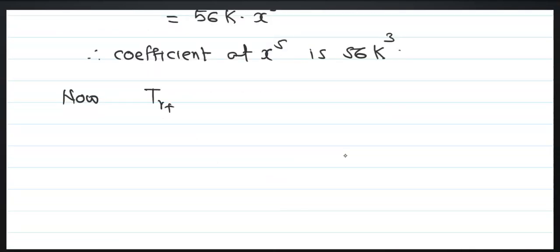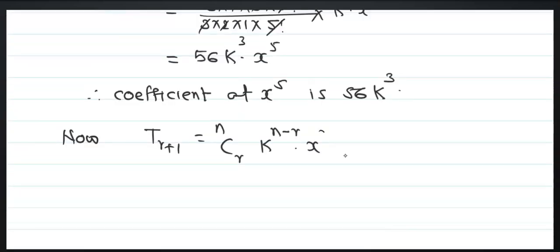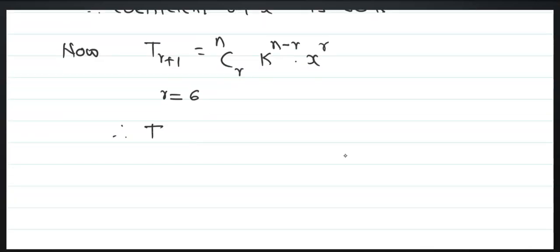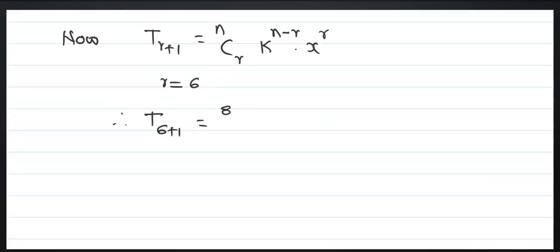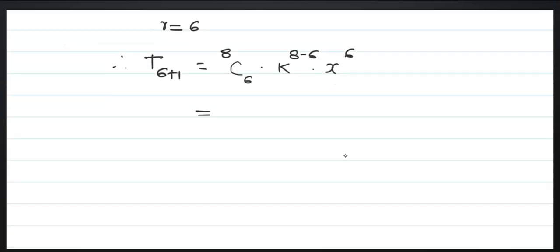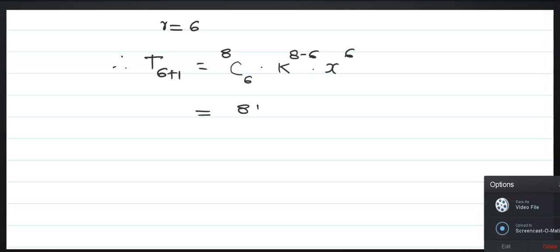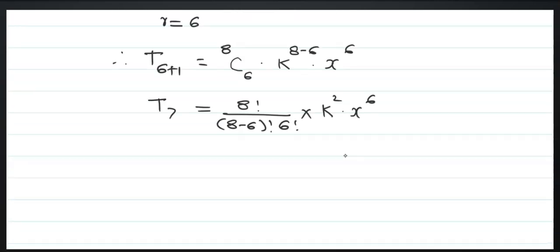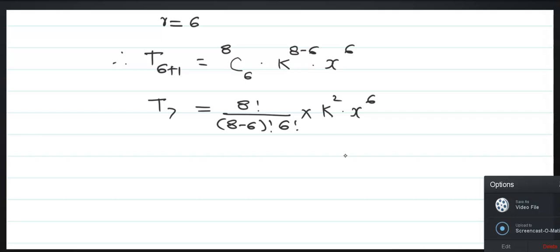Now, T(r plus 1) is equal to nCr k raised to n minus r x raised to r. r is equal to 6, that is T(6 plus 1), that is T7. 8C6 k raised to 8 minus 6 into x raised to 6. Therefore, 8 factorial upon (8 minus 6) factorial into 6 factorial, k square into x raised to 6.